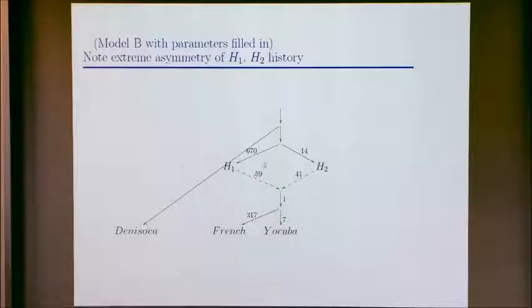So this is, of course, the ghost populations that Mike Hammer and Laurent have seen. And if model B is right, this stuff is going to be ancestral to all humans except maybe for San. And I'm looking at the San right now, and I'm still not quite sure what's going on there.